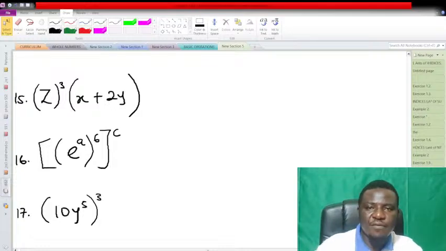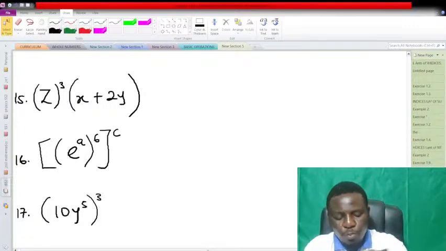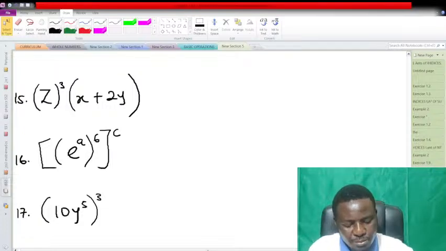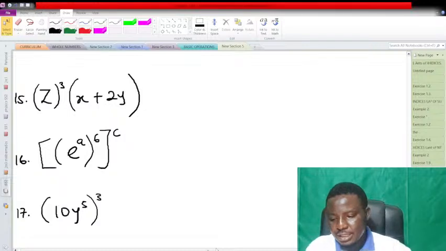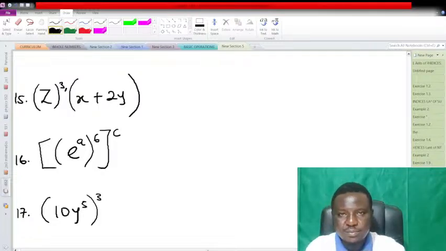Sarah, question number 15 should not confuse you. You have two brackets, okay? So all you need to do is z to the power 3. You have to simplify them simultaneously. Z to the power 3, this cube only affects z, okay? So cube z, and then multiply that by what you have in the bracket.